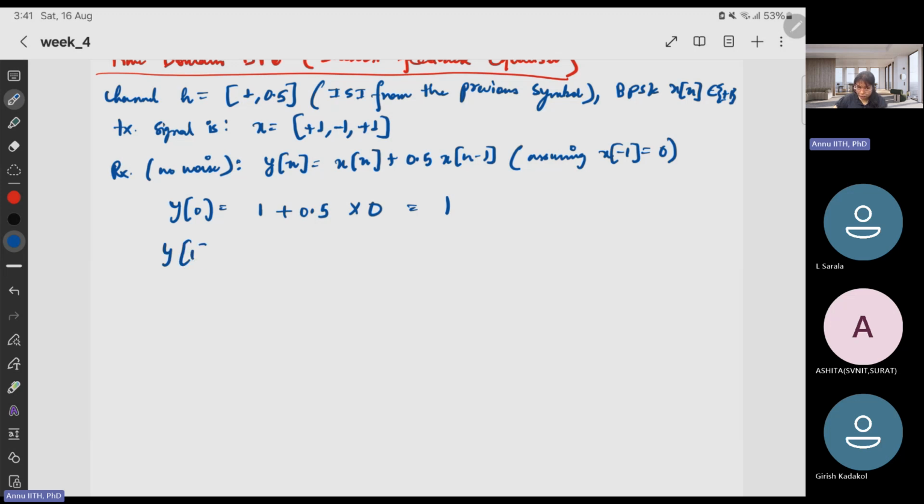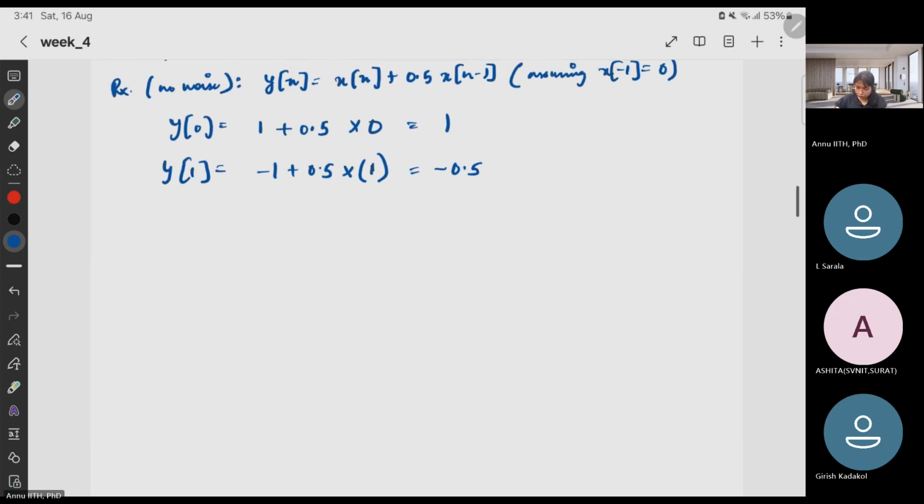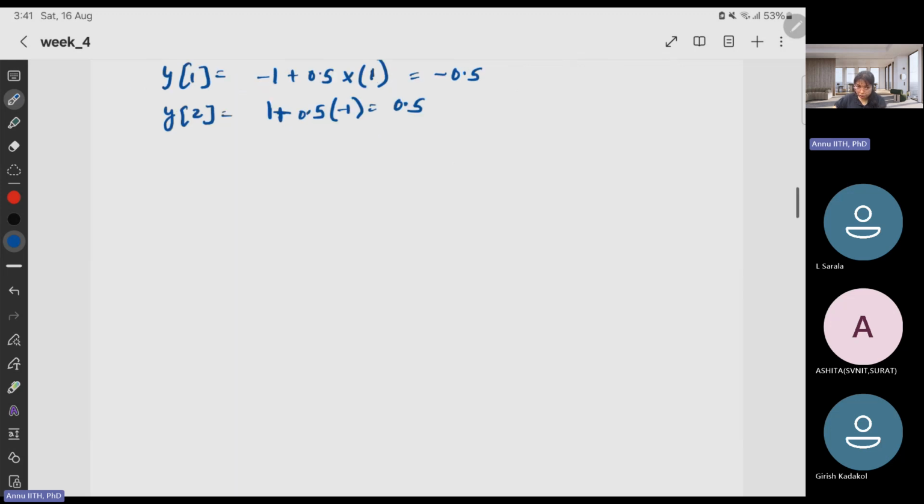Y of 1 is equal to minus 1 plus 0.5 into X of 0, which is 1, so it is minus 0.5. Y of 2 is equal to 1 plus 0.5, which is 0.5.